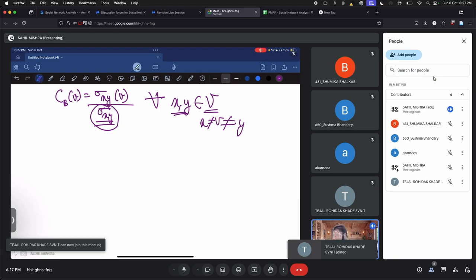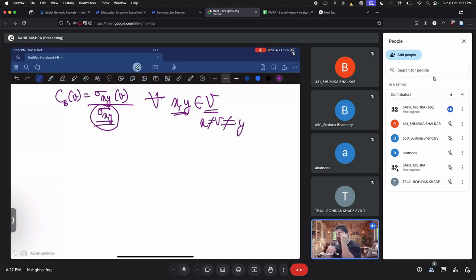There will be multiple shortest paths which have the lowest length. Say the length of the shortest path is 2, but there exist six such paths. So between x and y, there will be six such paths.